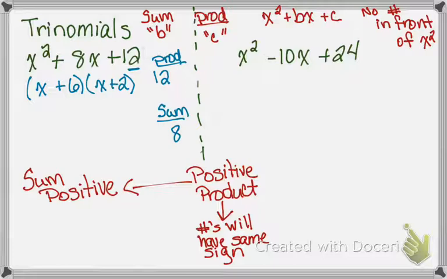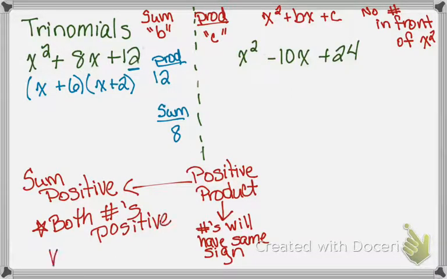What are my numbers? They're both what? Both numbers are positive. And do I add or subtract absolute values? Add. Okay? I'm adding absolute values because the numbers have the same sign.